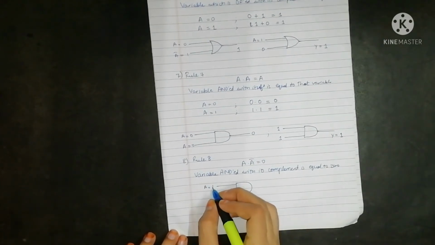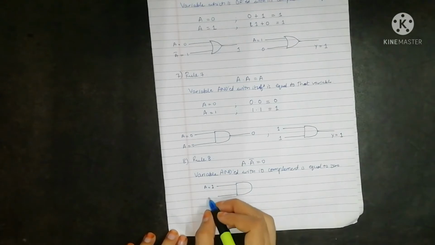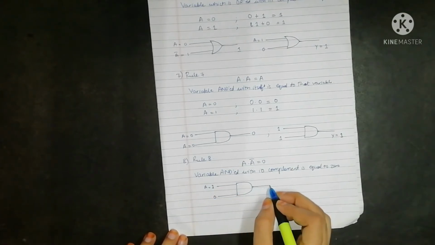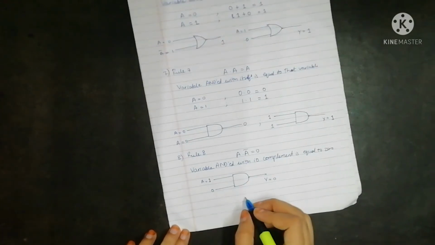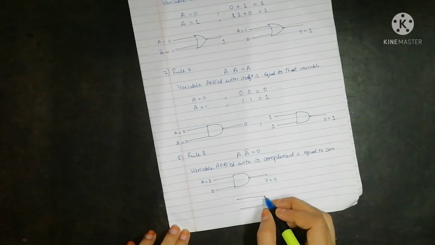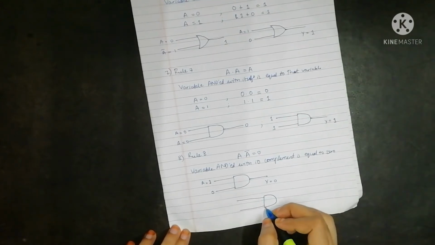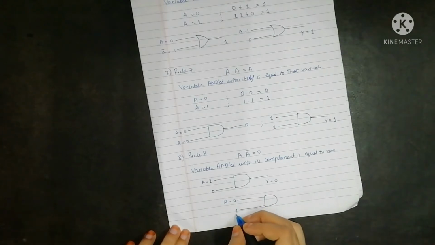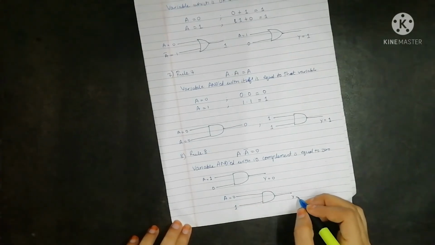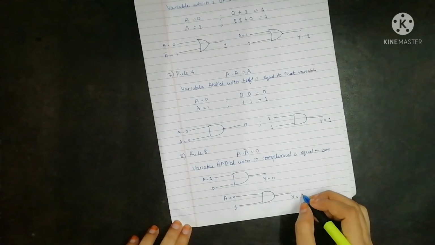The variable is 1 and we are ANDing it with its complement, so the complement of 1 is 0. Then I get the output as 1 into 0, which is 0. In the next case, take an AND gate again. This time take the variable to be 0. The complement of 0 is 1, and so here the output is 0 into 1, that is 0.